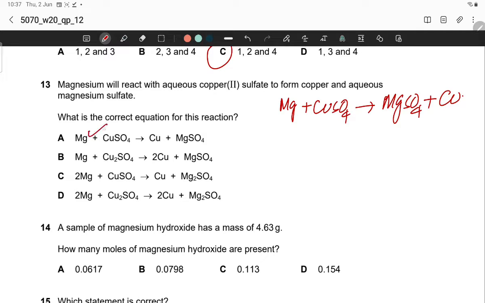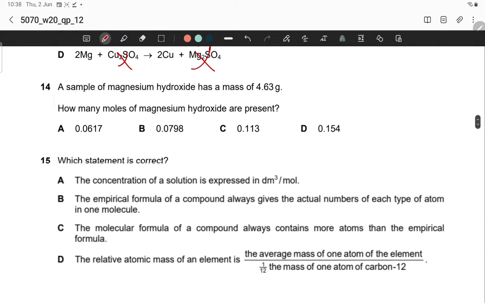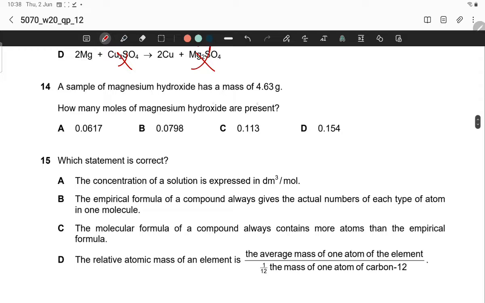Magnesium correct, copper sulfate correct, copper correct, and magnesium sulfate correct. So the others are wrong. Cu2SO4 is not a correct formula, Mg2SO4 is not correct. A must be correct.